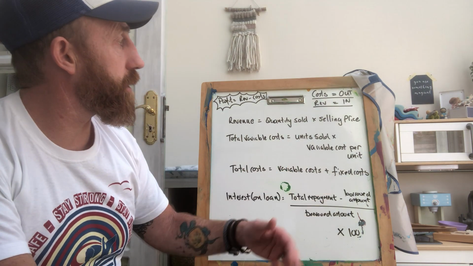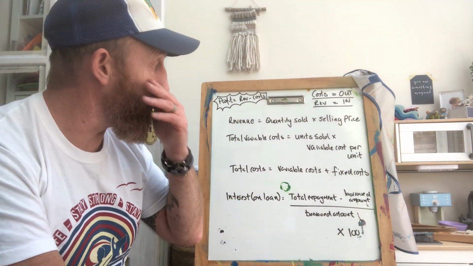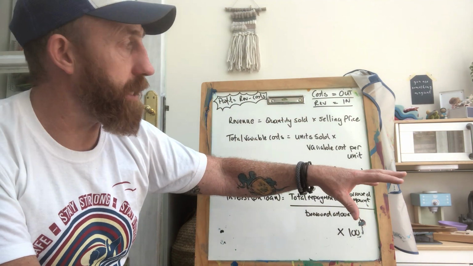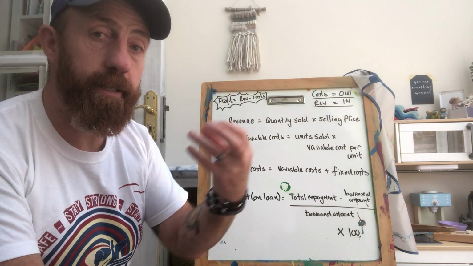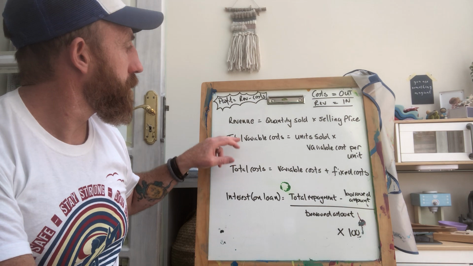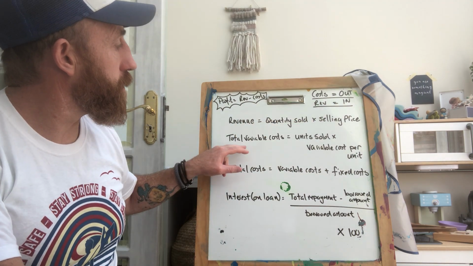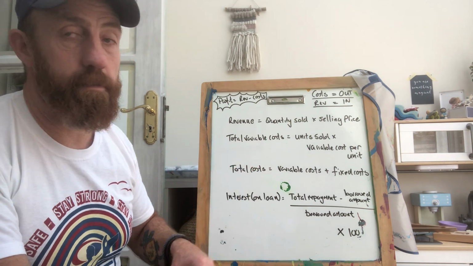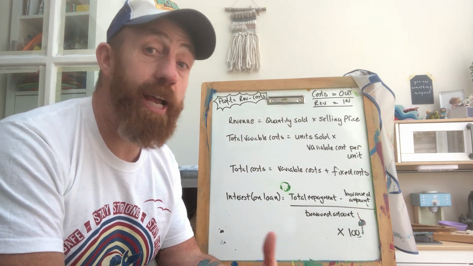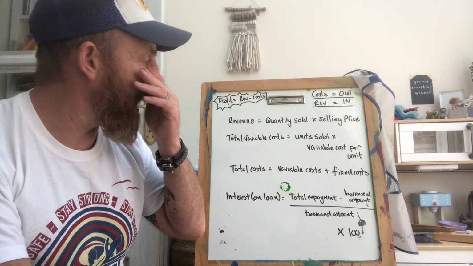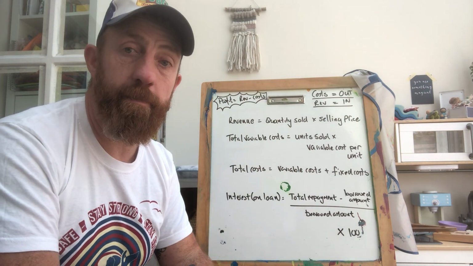So just to conclude, or just to go over it again, what you guys need to understand, that costs are things leaving the business. Revenues are things coming into the business. Revenue is quantity sold multiplied by selling price. Total variable costs, so those are the things that change with output, are the number of units sold multiplied by the variable cost per unit.